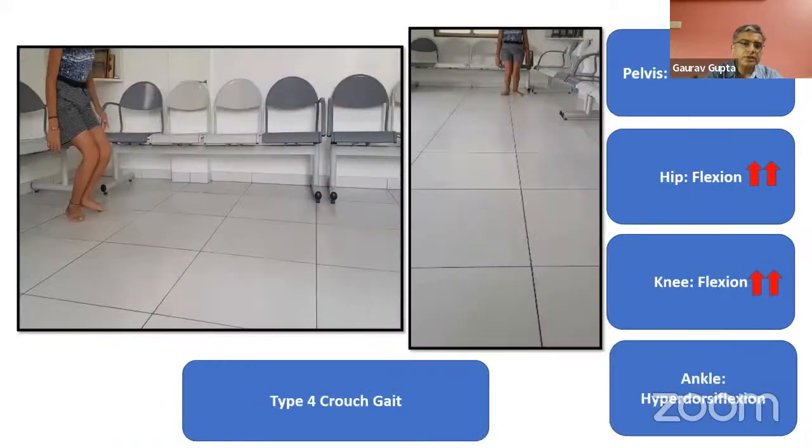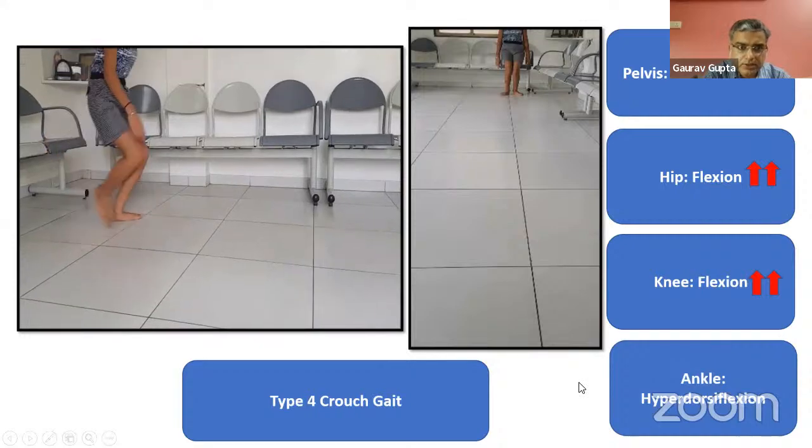And finally, you see type 4 or crouch gait, where the plantar flexion knee extension couple has completely collapsed. The ankles are in hyperdorsiflexion. Knee and hip flexion has further increased. It's the most energy inefficient gait, and all efforts in CP are being done to prevent crouch.